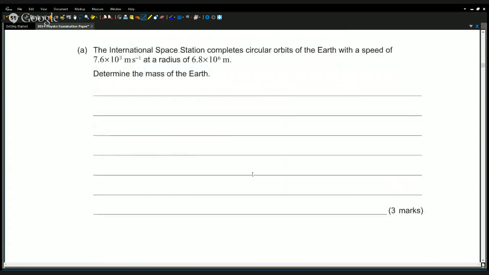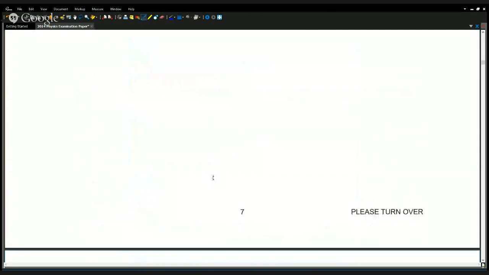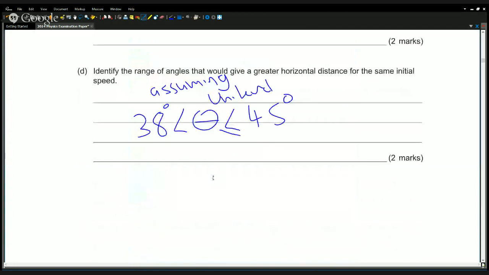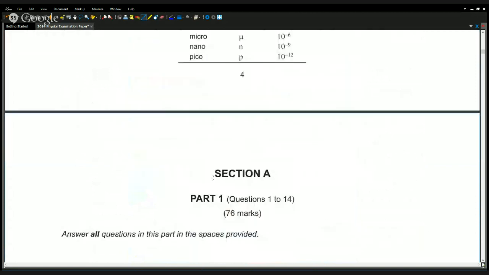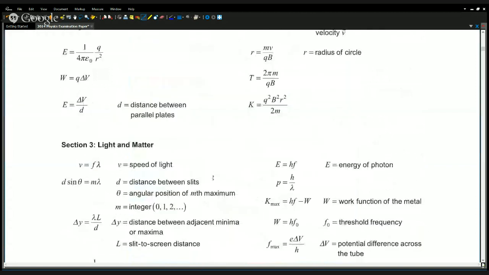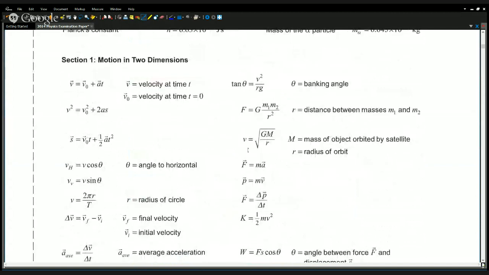3 marks. All right, so let's look at our equations. We've got speed and we've got radius. Let's look at our circular motion equations up here. I'd assume we use this equation here: v is equal to the square root of GM on r.